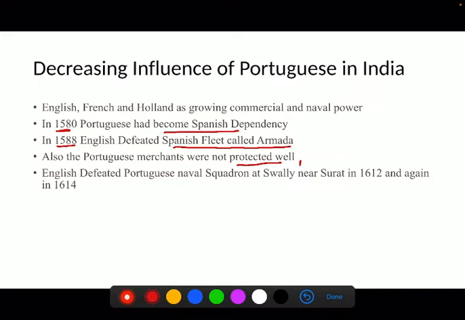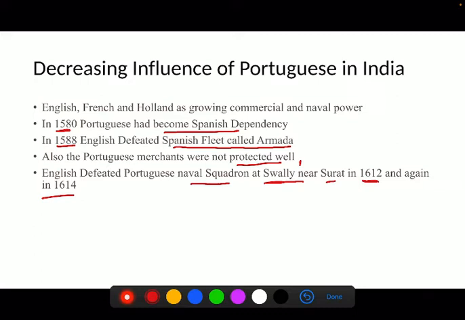So this was also a reason for the decreasing influence of Portuguese in India. And finally, you will see how English defeated the Portuguese naval squadron at Swally near Surat in 1612 and again in 1614. So we are just discussing how Portuguese came and what happened to them in India.